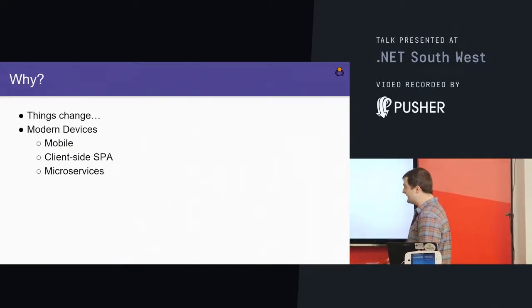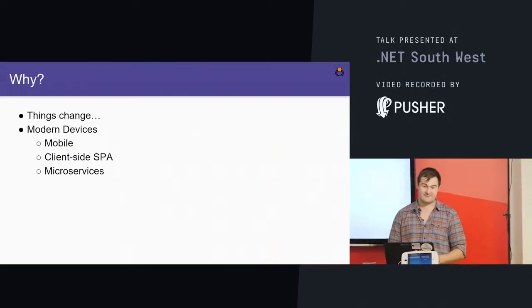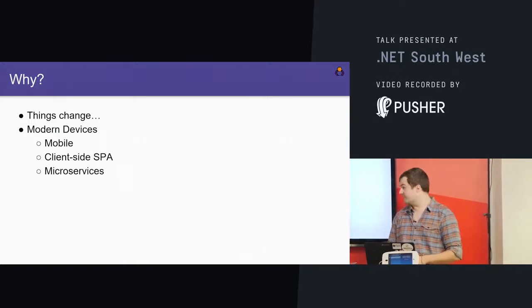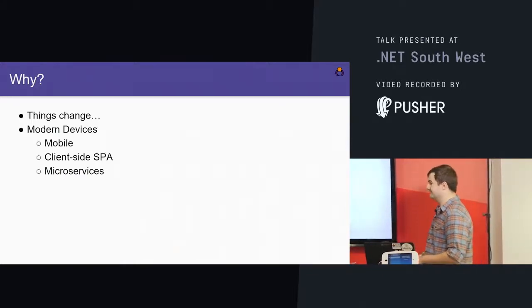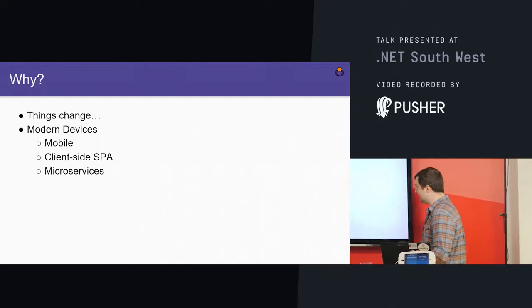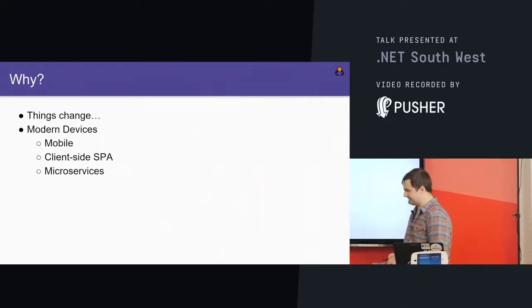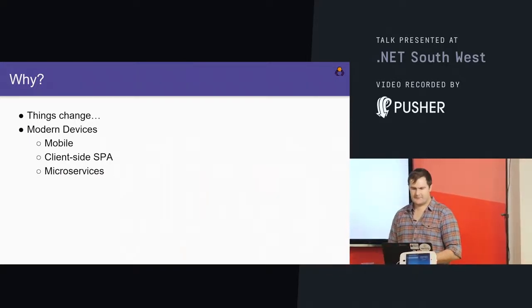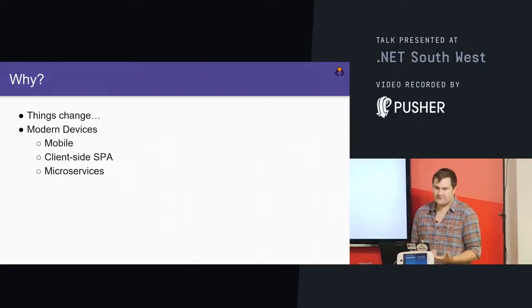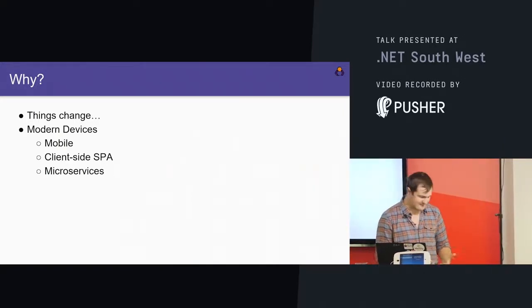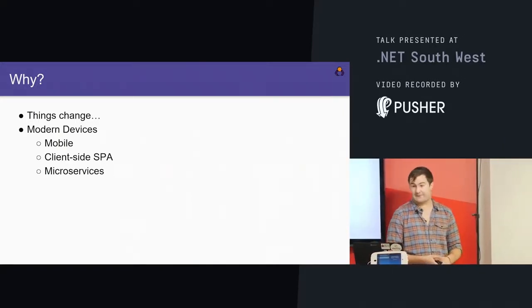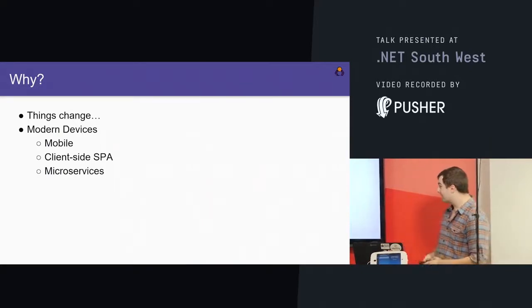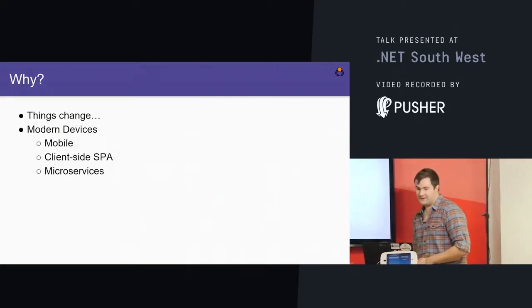But someone came up with these annoying little things called mobile devices. JavaScript became viable, and we have things like microservices. So these are off-premises devices outside of your intranet, and they sure as hell don't work with SOAP.